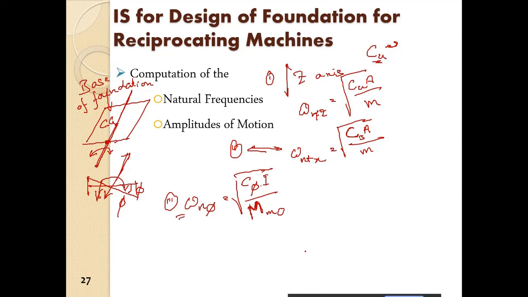Then we have the angular frequency about the z-axis. If this is the foundation and this is the z-axis, there is a rotation about the z-axis. That we define as omega n psi.